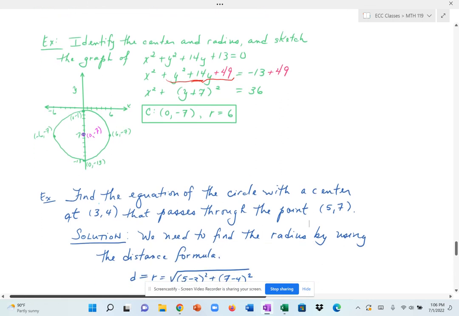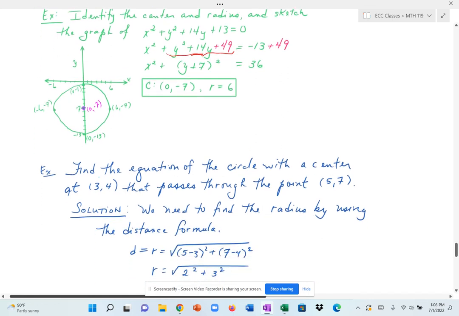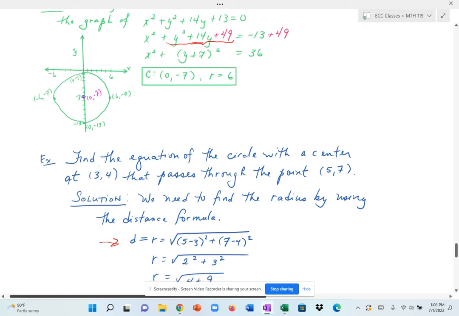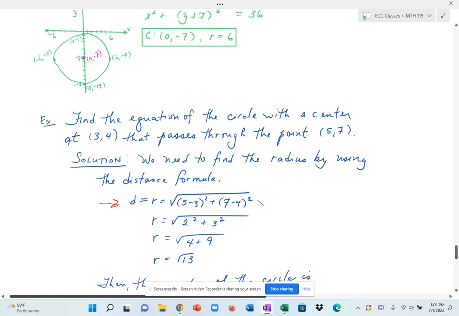for the numbers given. So first find the distance. Remember, the distance is the radius. And so that'll be 5 minus 3 to the second power plus 7 minus 4 to the second power, and you take the square root of that whole thing. So that is 2 squared plus 3 squared, that's 4 plus 9. So the radius is the square root of 13.